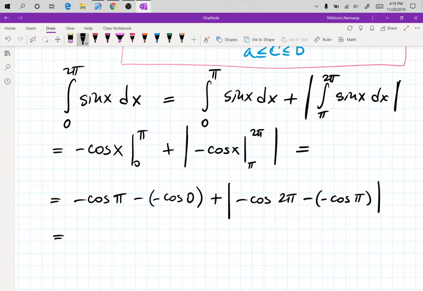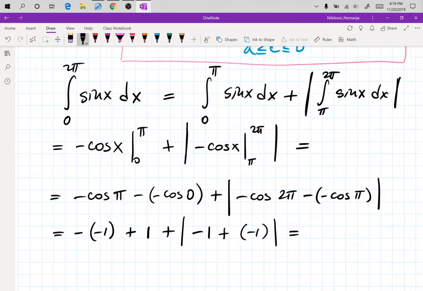Cosine of pi is negative 1, so we have negative 1. Minus and minus gives me plus, and then this is a 1, because cosine of 0 is 1. Plus absolute value, cosine of 2 pi is 1, so the whole thing is negative 1. Minus and minus gives me a plus, and then cosine of pi is negative 1.